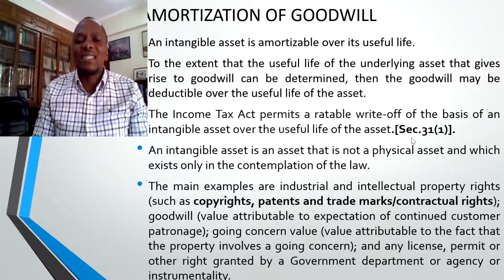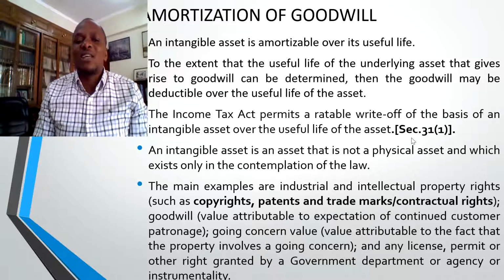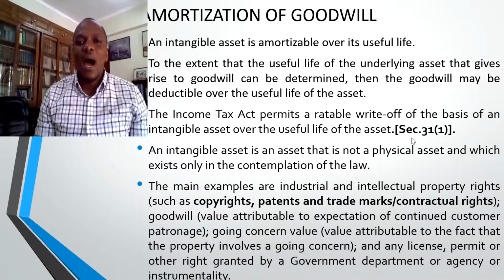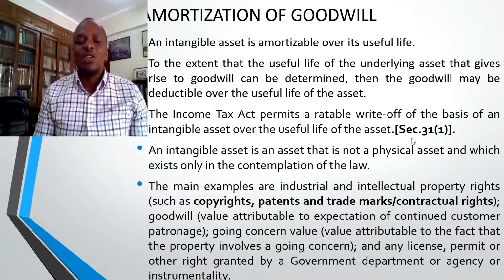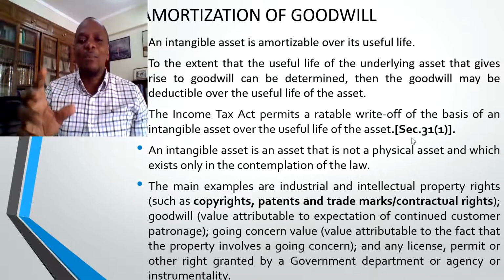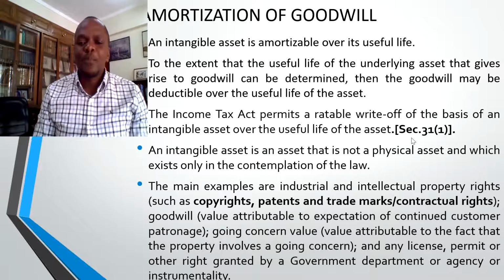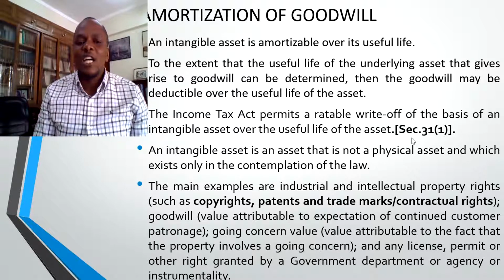So the Income Tax Act permits a rateable write-off of the basis of an intangible asset over its useful life, and this is provided for under Section 31 of the Income Tax Act Cap 340 as amended. So please read and critically analyze Section 31 to get all the nitty-gritties. What I'm presenting is basically a tip, but the section gives you the nitty-gritties of that provision on how goodwill and other intangible assets are treated.